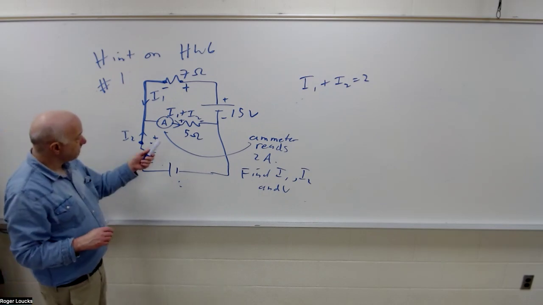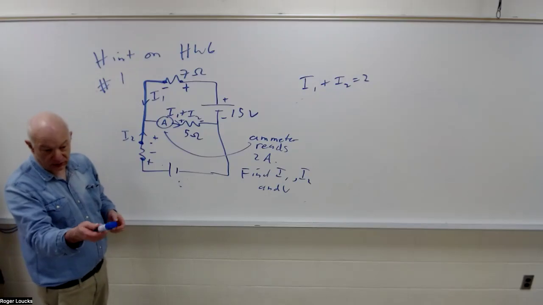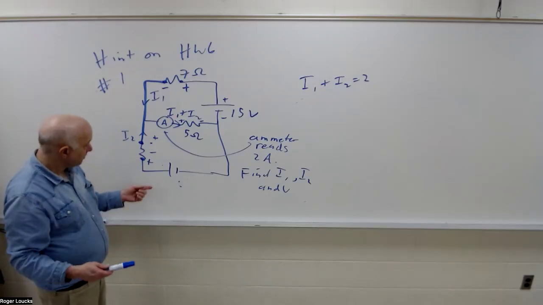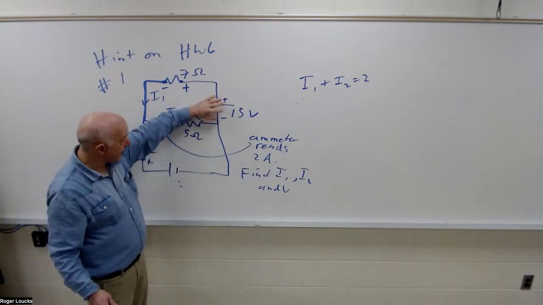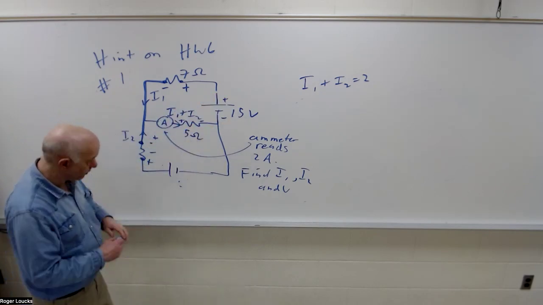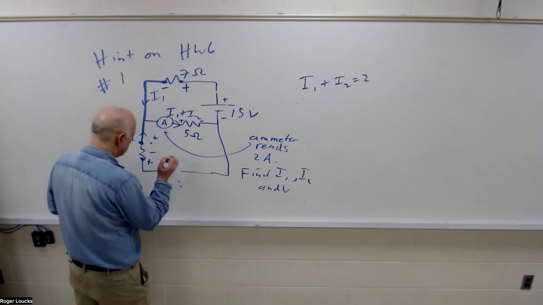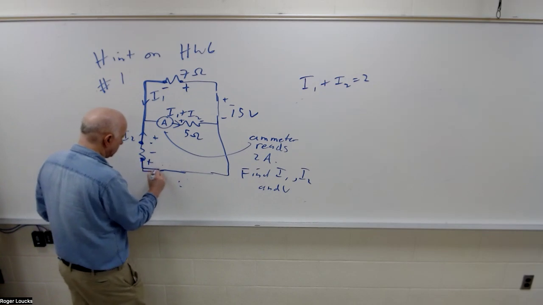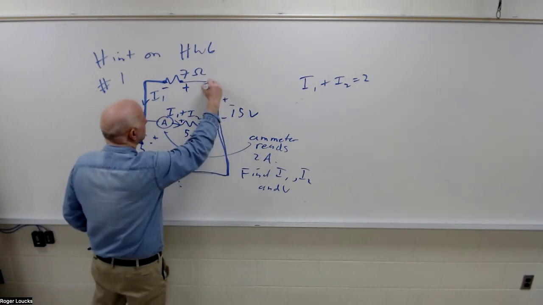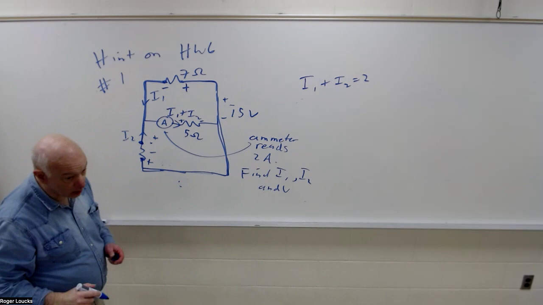Okay, so is this one here in parallel with this one here? What messes this one from being in parallel with this is this battery and this battery. If that battery were not here and this battery were not here, then this bottom here would go directly to that here, and they would be in parallel.